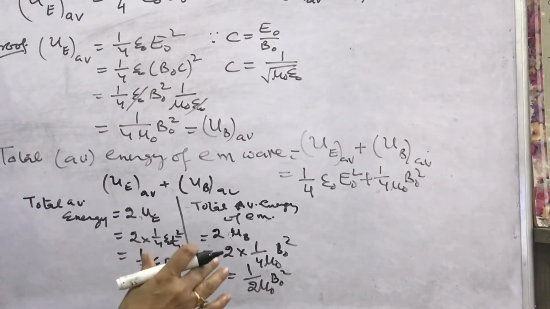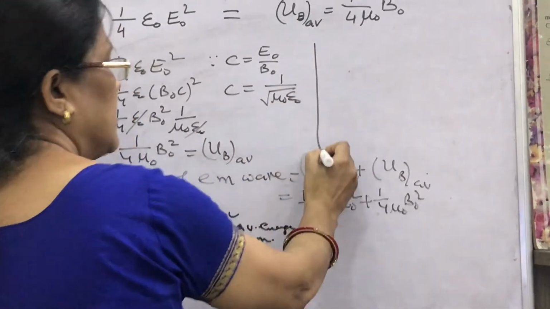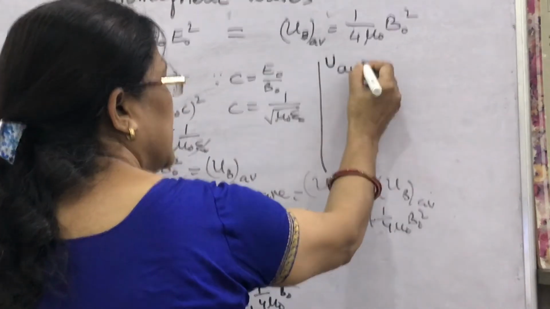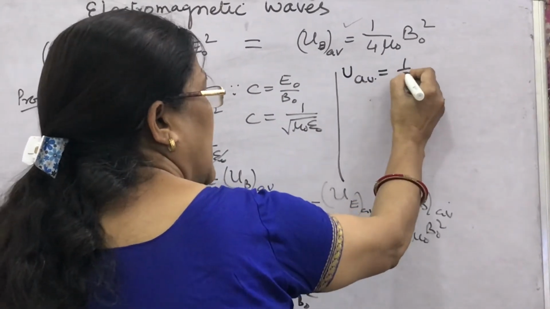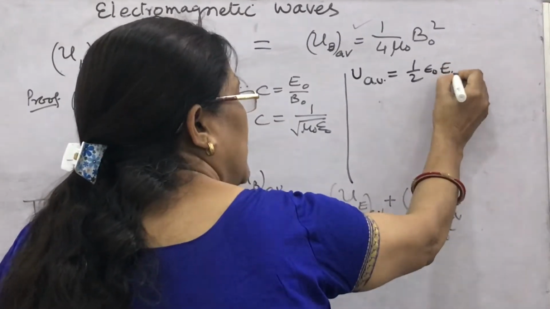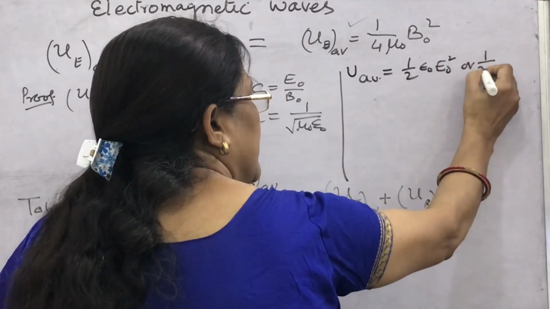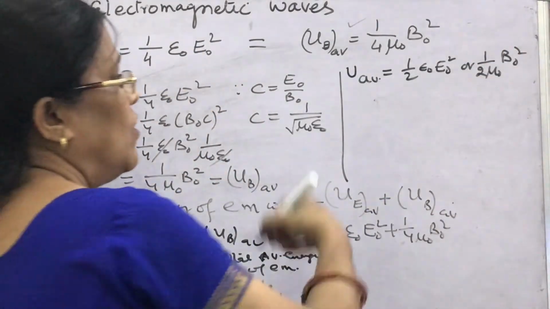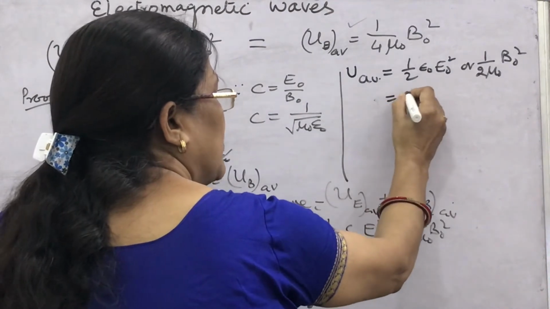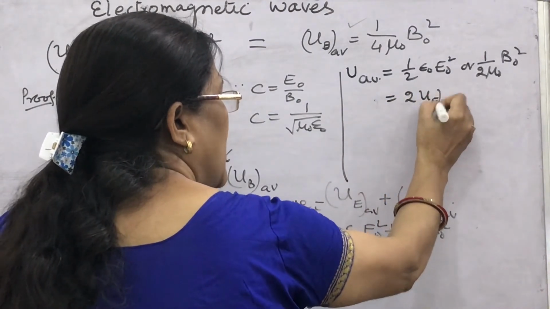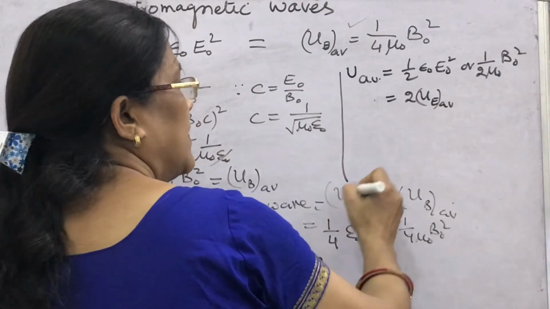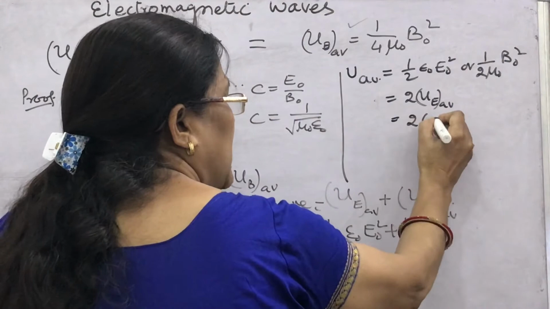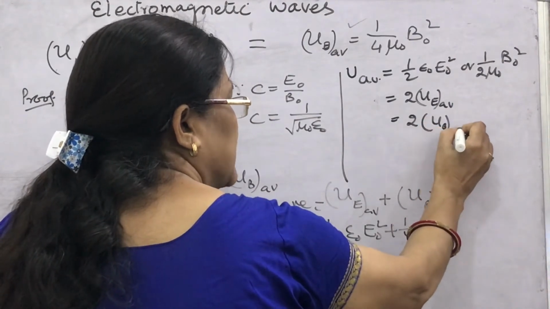What is the trick to learn? Learn that the average energy, that is U average of the EM wave, is either half epsilon naught E naught square or half mu naught B naught square, or you can say it is equal to twice UE average in the electrical case, or twice UB average.